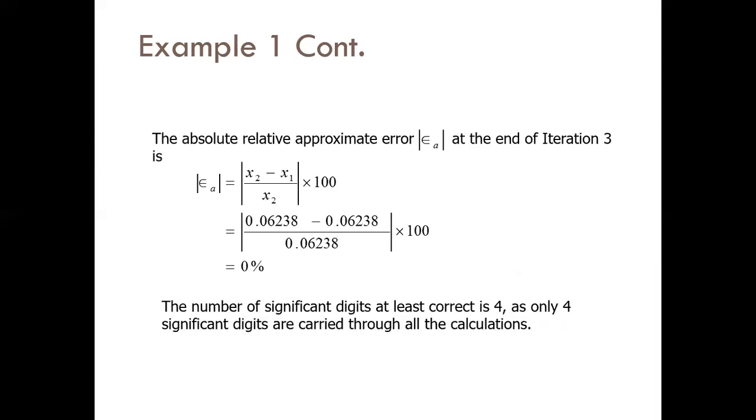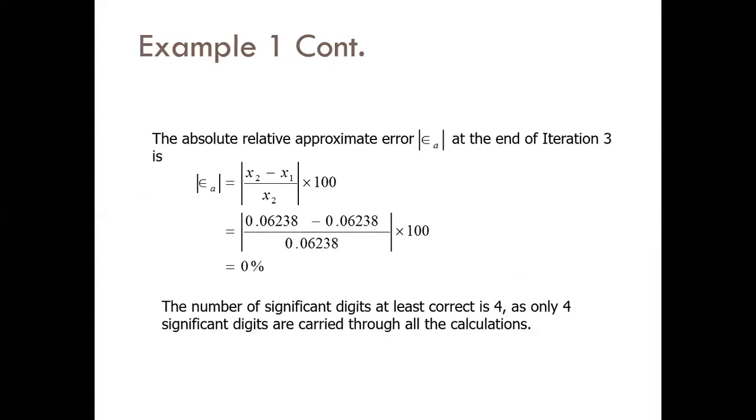Means after iteration number 3, the relative approximate error is 0%, and the answer is correct up to 5 decimal places.